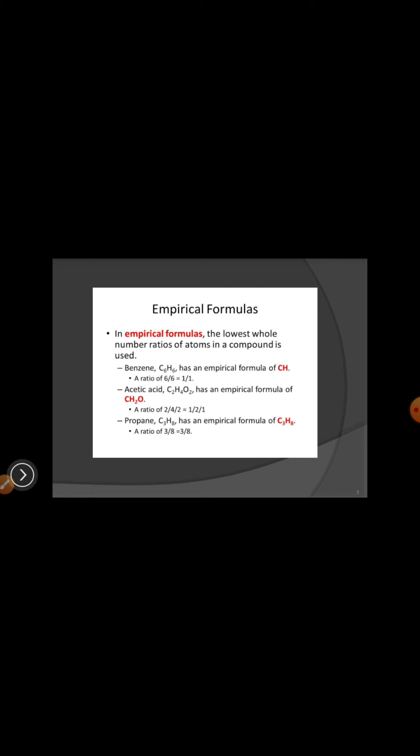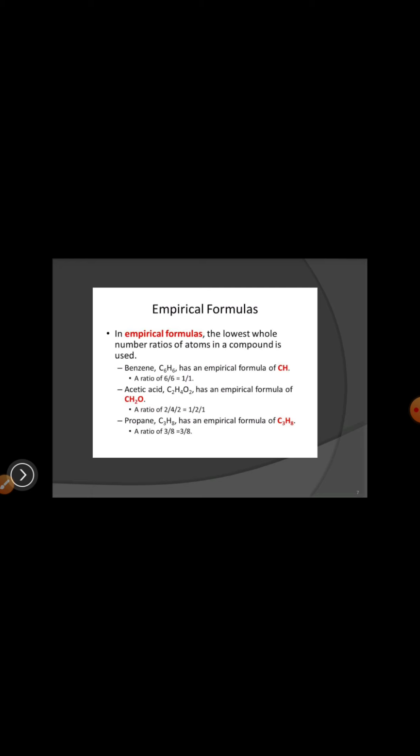And the third example is propane. The formula for propane is C3H8. But this cannot be simplified, so we cannot get a different empirical formula. We can say the empirical and chemical formula of propane are the same, because the ratio is 3:8 on both sides.